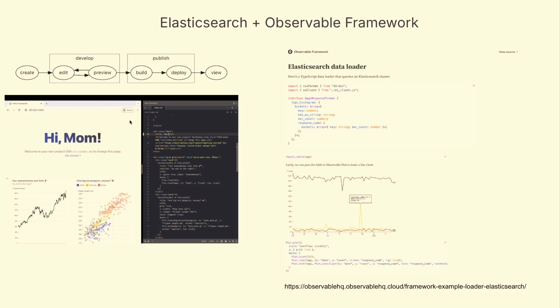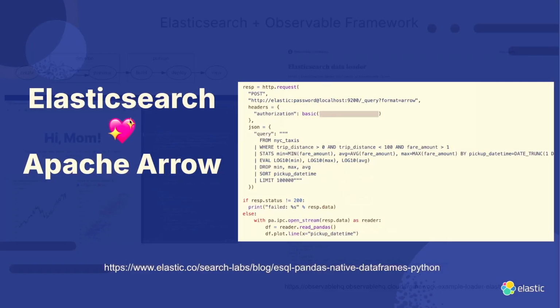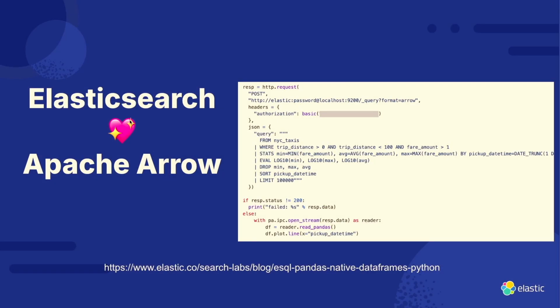So this summer we provided, it's more or less a part of the official documentation now, an Elasticsearch data loader that provides some examples how to use Elasticsearch with Observable Framework. And related to that, what I showed with Eland and the pandas-like API, under the hood is using DSL.